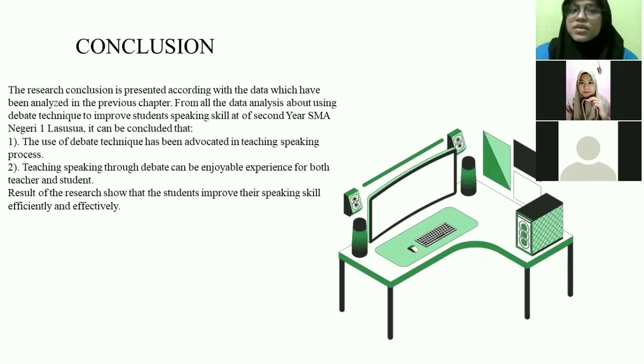First, the use of the debate technique has been advocated in the teaching speaking process. And second, teaching speaking through debate can be an enjoyable experience for both the teacher and the students. The results of the research show that the students improved their speaking skill efficiently and effectively.